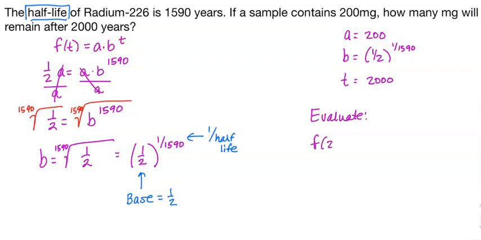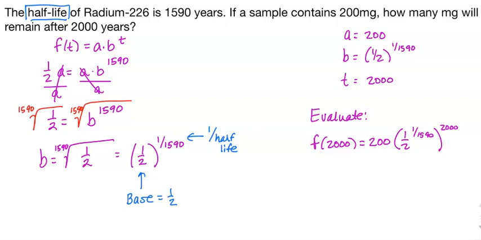So f of 2,000 is equal to 200 times 1/2 to the power of 1 over 1,590, all to the power of t, but this time we know a value for t, so rather than leaving it as t, we can write 2,000.